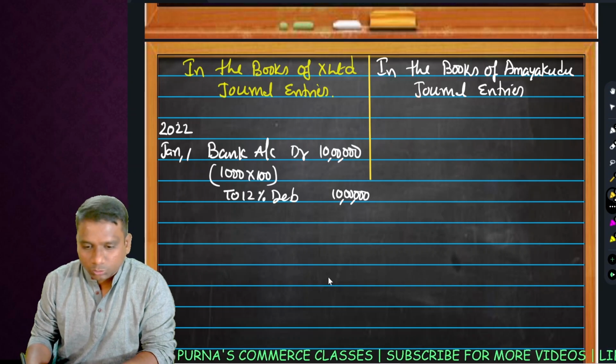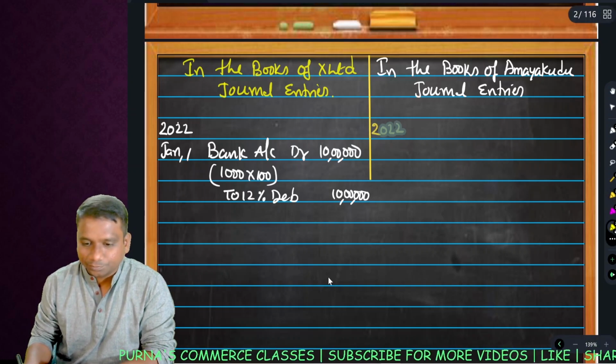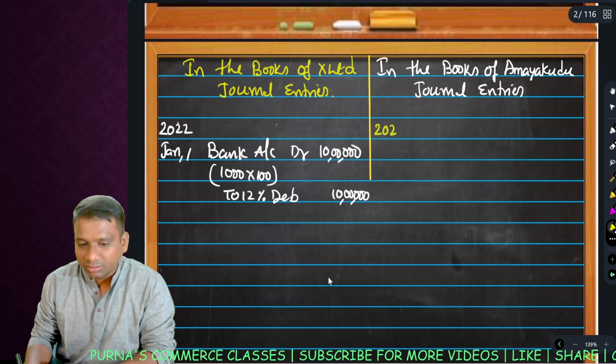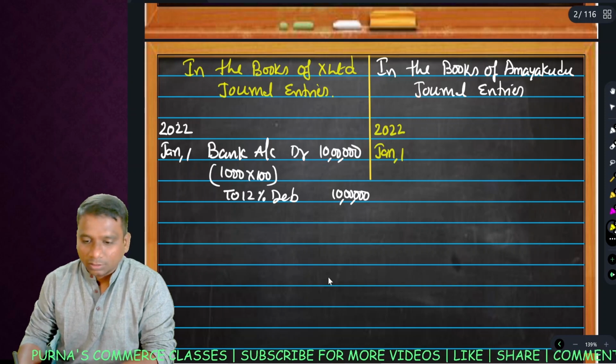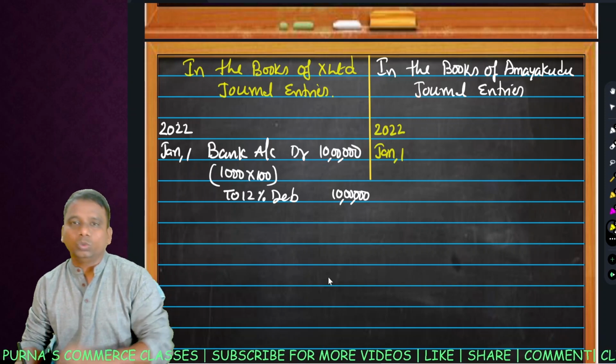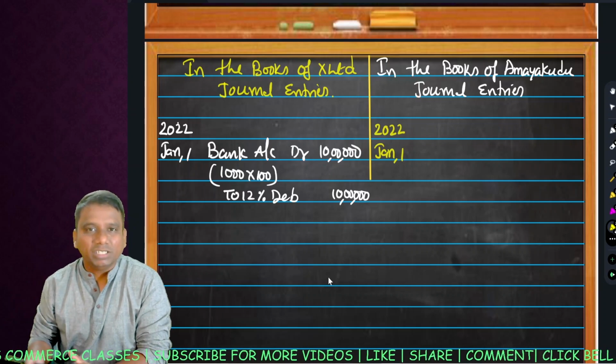Now, for the same transaction, what is the entry that Amayikudu will record in his books of accounts? Same date, 2022 January 1st. There is no change in the date. In the books of Amayikudu, the purchase of debentures is nothing but investment for him.